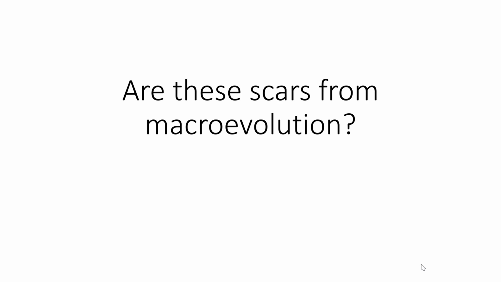As you listen through this and as you prepare for our class on Monday, I want you to know that we're going to spend the bulk of our time on Monday going through transitional series in the fossil record, those that are trumpeted as some of the best evidence for macroevolution, and talking about them in more detail.